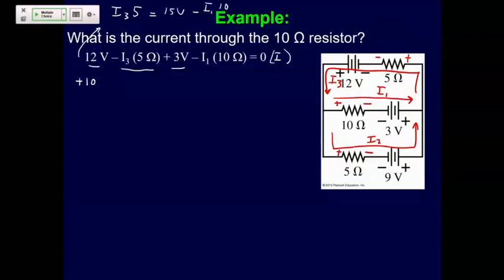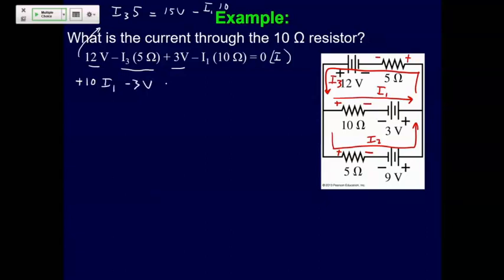And maybe we'll start by getting my next equation. For my next equation, I did the bottom loop. I started right here, and I did the 10 right here and went around this way like so. If we do that, the equation I got was something like this. It was positive 10 times I1 minus 3 volts.